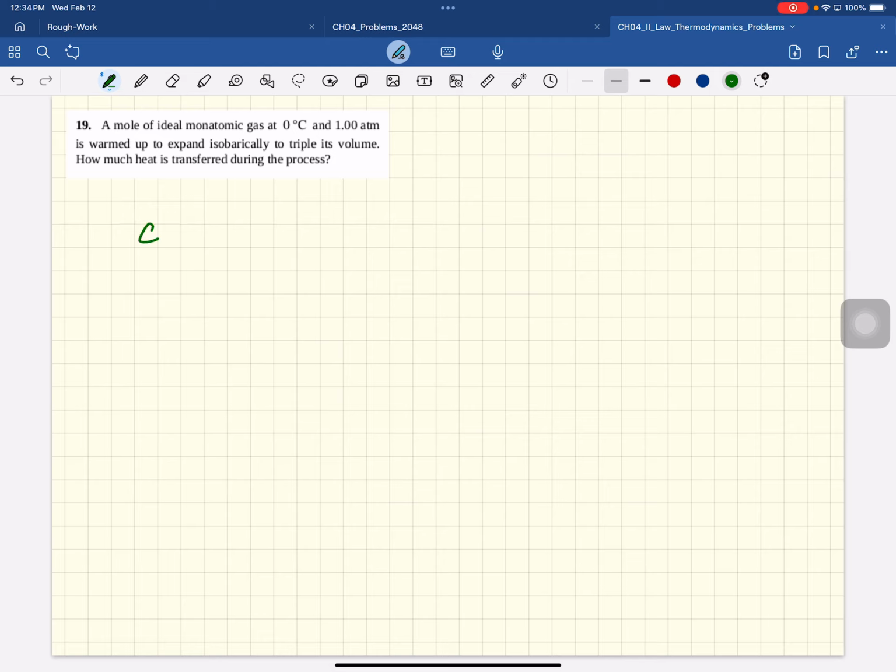CV is the number of degrees of freedom divided by 2, times R, and for a monoatomic gas, the degrees of freedom is 3. And then CP is CV plus R, so this would be 3/2 R plus R, and that would be 5/2 R.